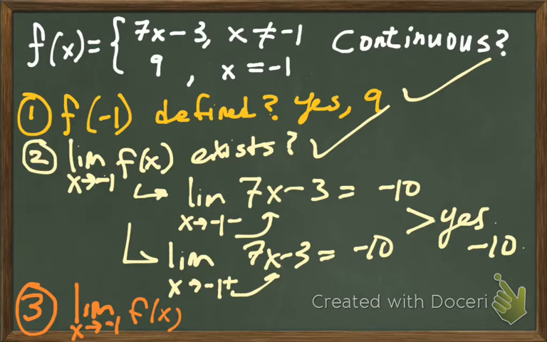Is the limit as you approach -1 equal to the value at -1? Are the previous two numbers' results equal? This was -10. This was 9. Those are unequal, and therefore the answer is no. Unequal. Why? Because 9 is not equal to -10.